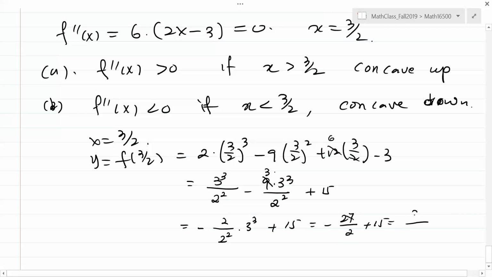So finally, I get 3/2. This is the correct answer, 3/2.